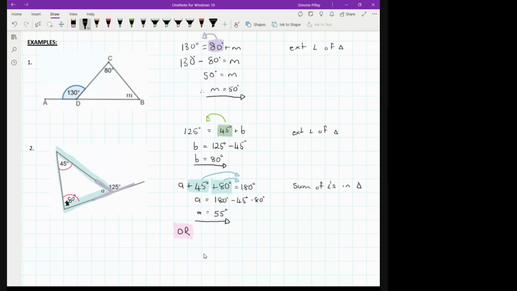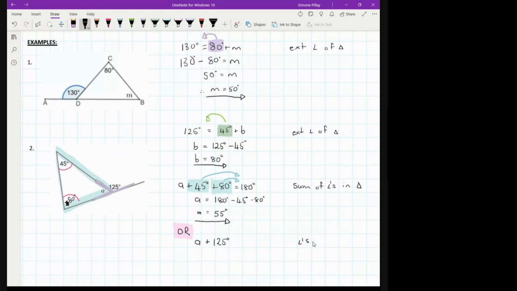Do you want to help me still with this one, Imihle? So it's going to be a plus 125 plus. What rule are we using? Angles on a straight line, ma'am.